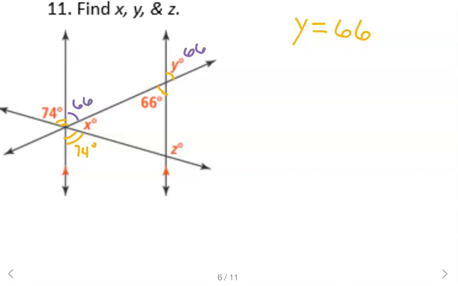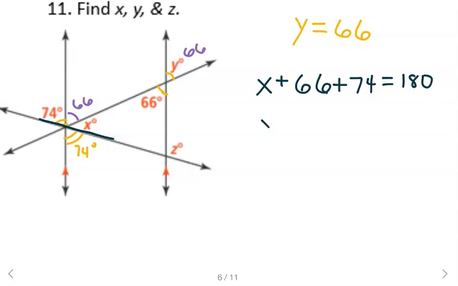So now, in one of these ways, you've got three angles that add up to 180. So we could say x plus 66 plus 74 must equal 180.